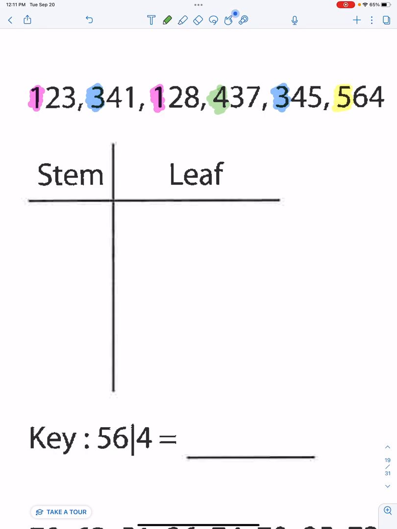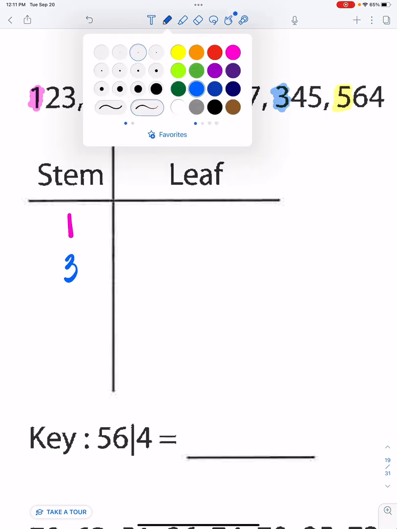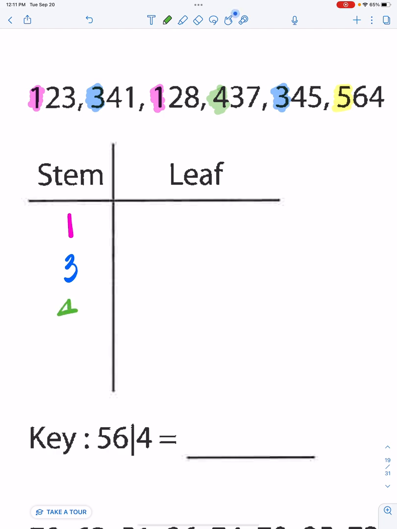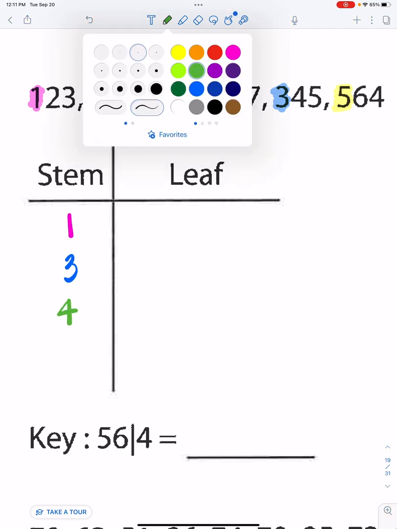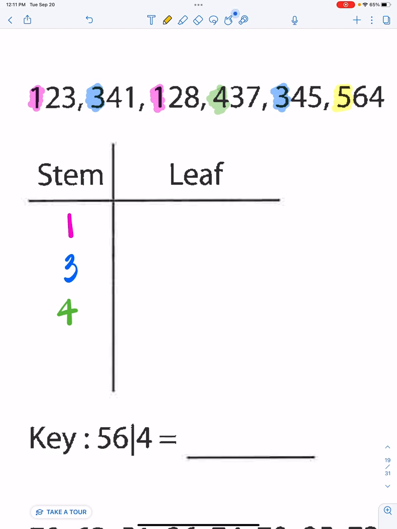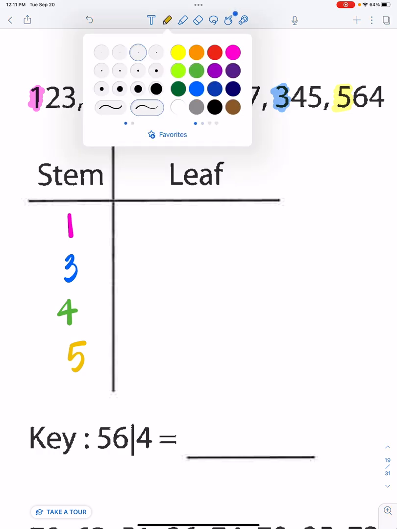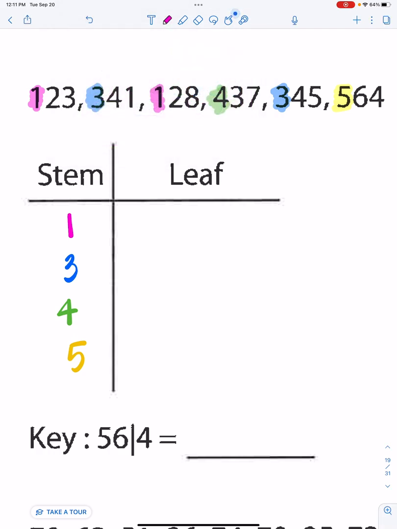So when I create my stems, I need a 1. I don't need a 2, I need a 3. And a 4. And a 5. I'm going to use a little bit darker yellow so it shows up. Then when I go back to the 100s, I had a 23 and a 28.